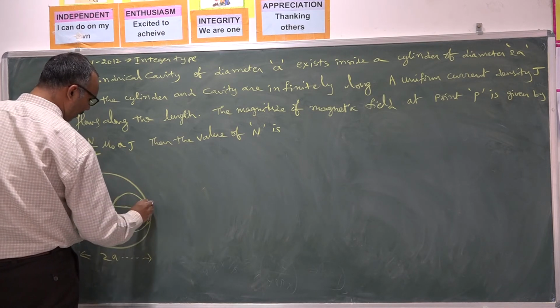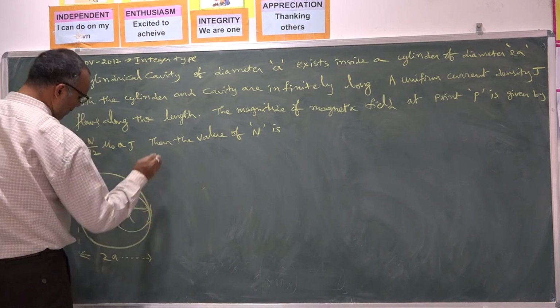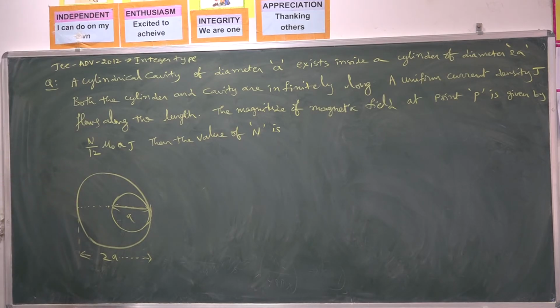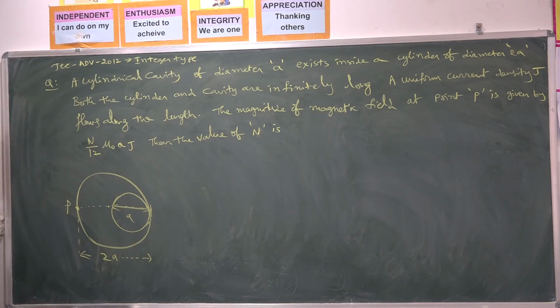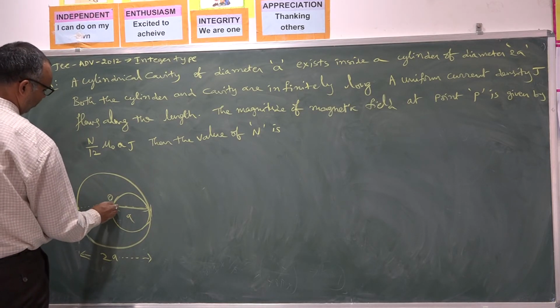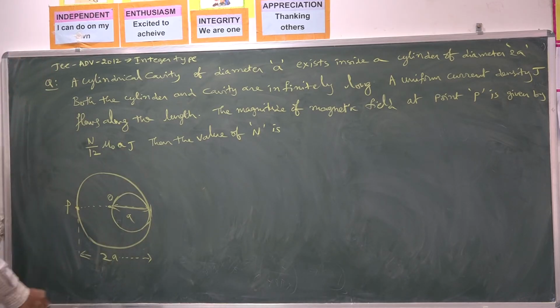Cavity diameter is a. And this is the point P. At this point, we need to find the strength of the magnetic field. This is origin.